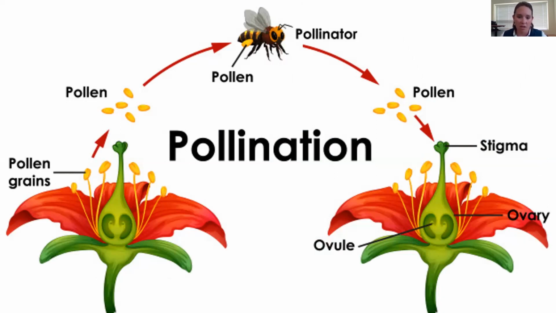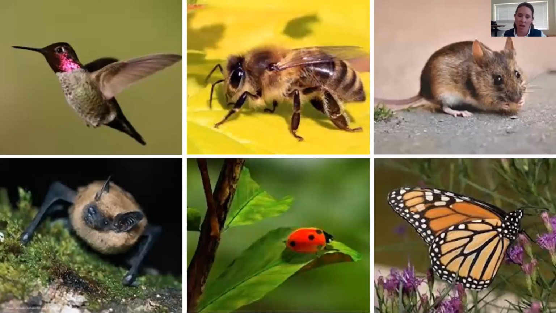So pollinators can be anything that is transferring that pollen from one plant to the next. Most of the time when we talk about pollinators, people think of a bumblebee or a honeybee like is pictured in this graphic here. But pollinators can be all sorts of different animals. It's anything that could potentially transfer that pollen back and forth.